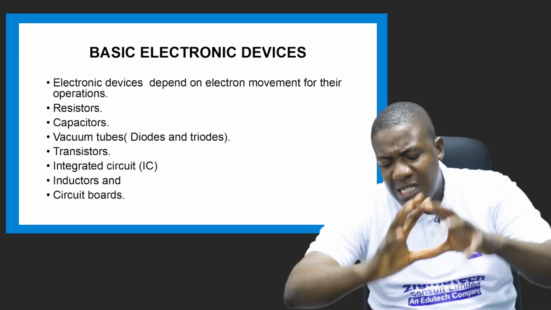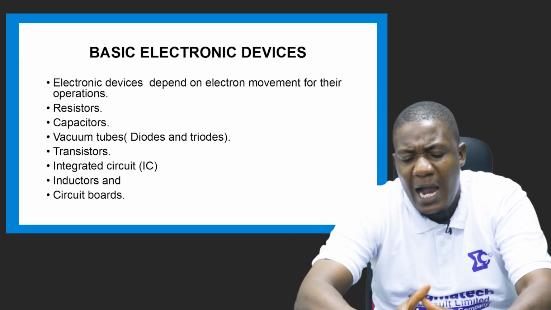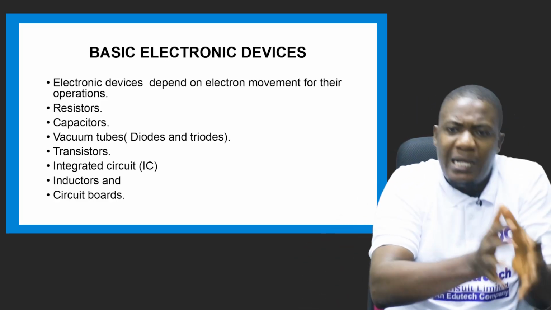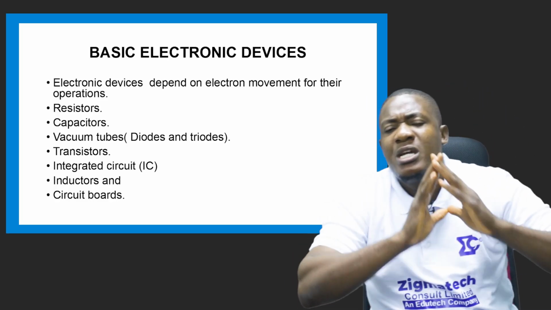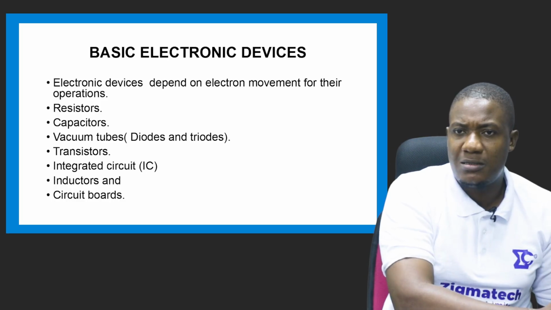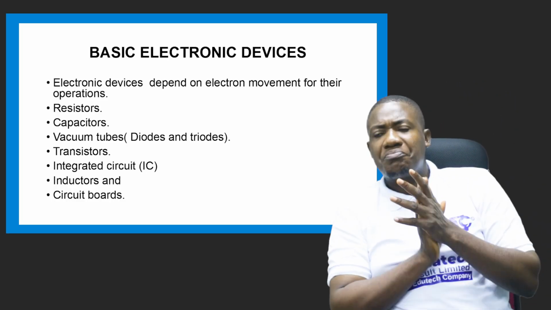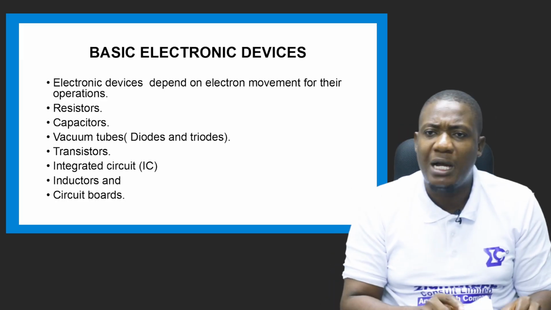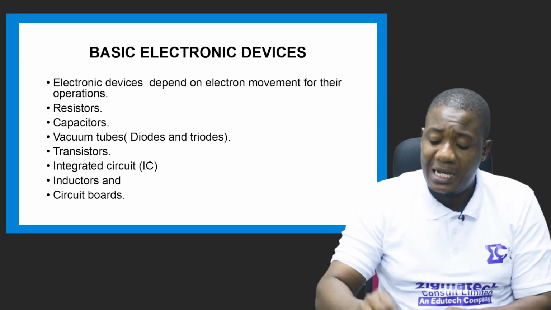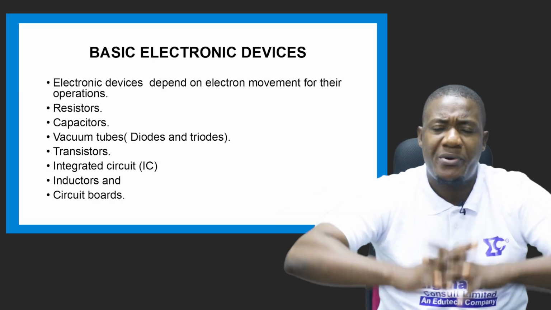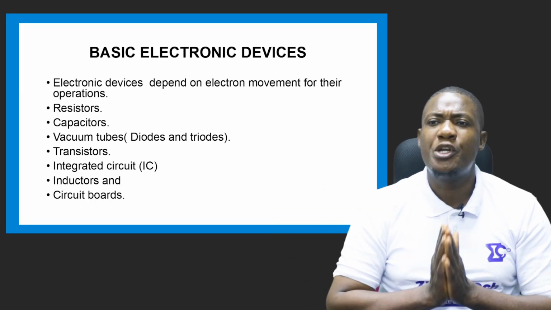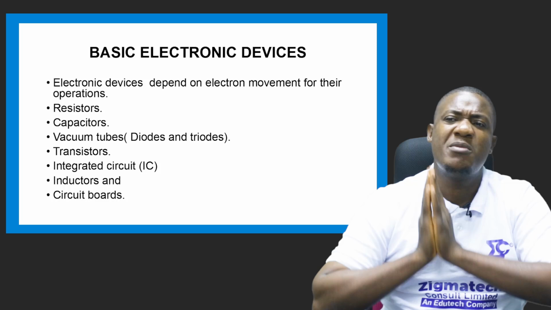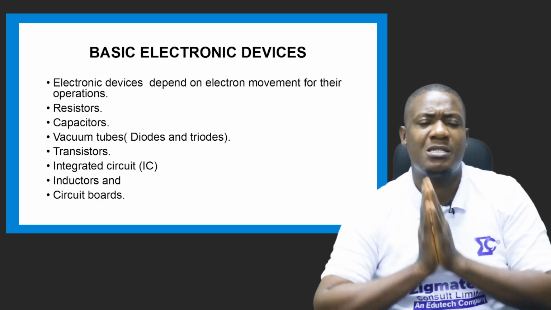Now, it's important we discuss these basic electronic devices. When we have all of them put together, they make up what we call electronic appliances, right? I told you earlier that they operate on the principle of electron emission, electron movement.